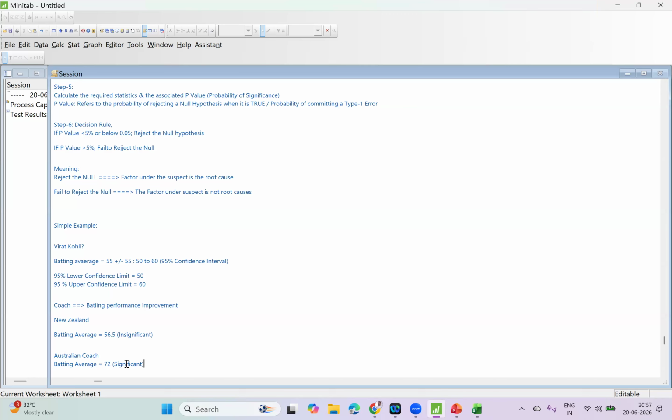There are formulas available, and based on those formulas this 50 to 60 is also arrived at. That's why it is called the 95% confidence interval. Whenever you see your statistic outside the interval, it is a situation of statistical significance. Whenever you see your statistic inside the interval, it is a situation of statistical insignificance. Are you clear, all of you?